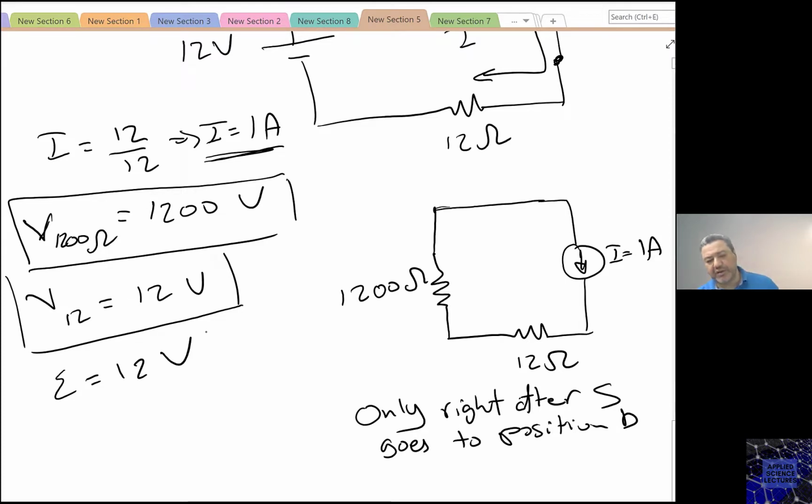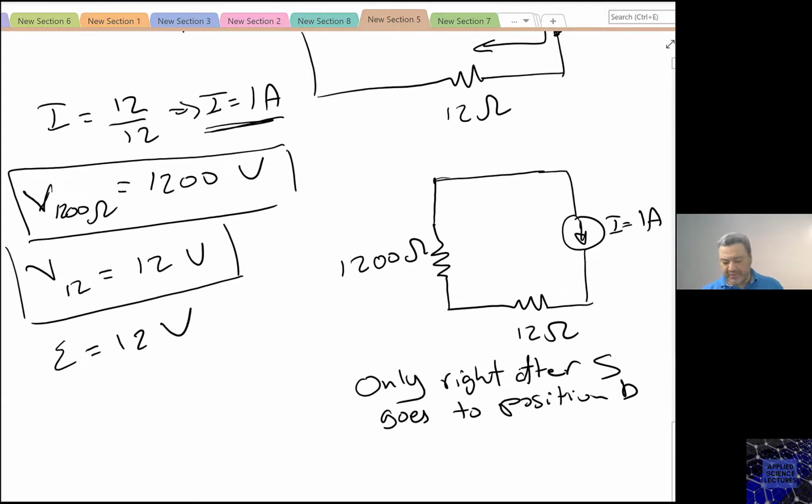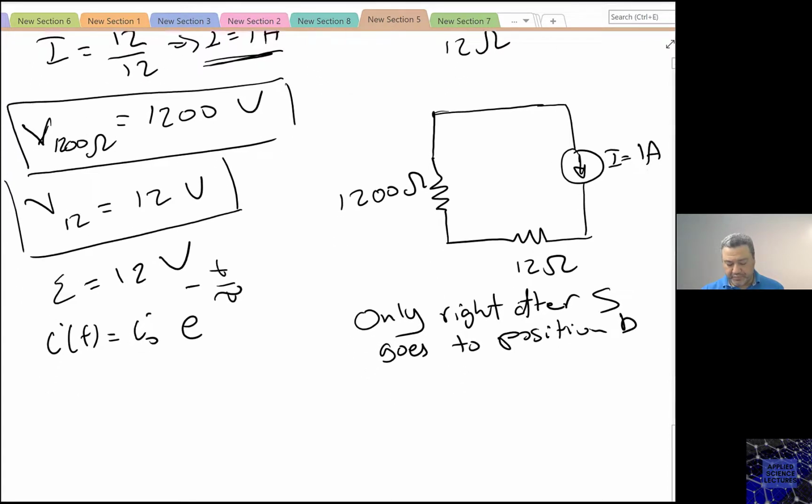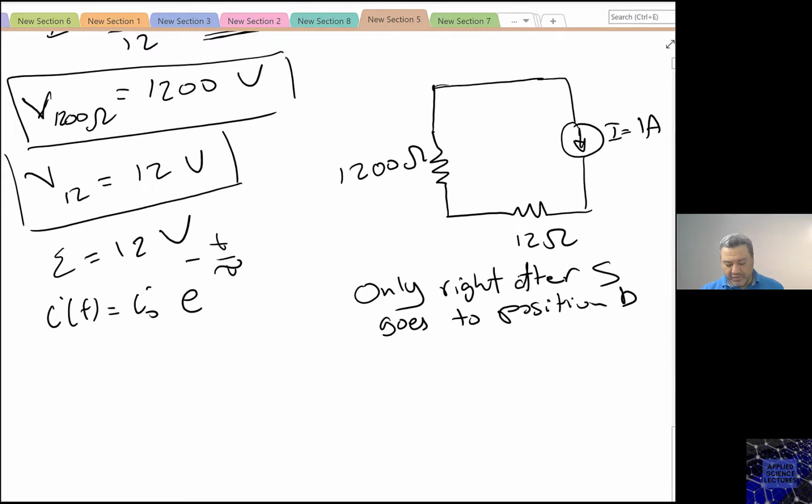Now I need to calculate the voltage across the inductor. How do I do this? I can do this by knowing, for example, the current as I naught. Here now the current is decaying, e to the power minus t over tau. So what is tau?